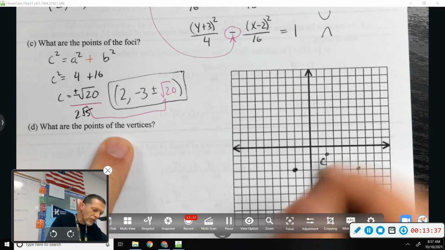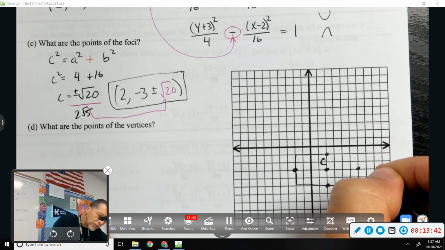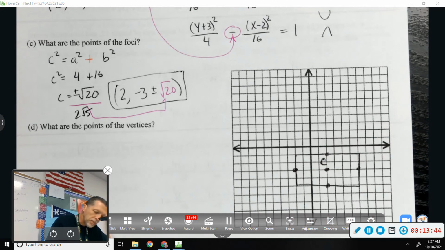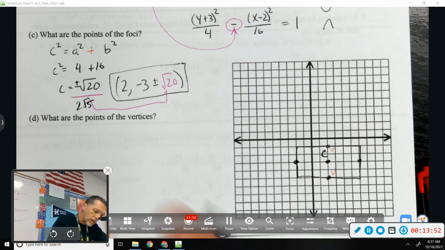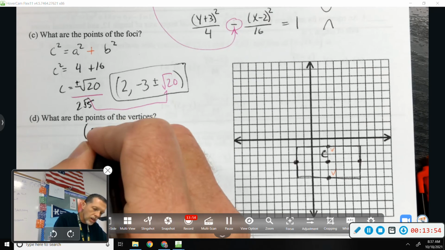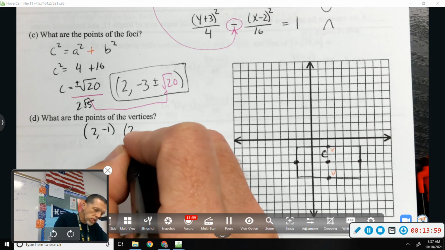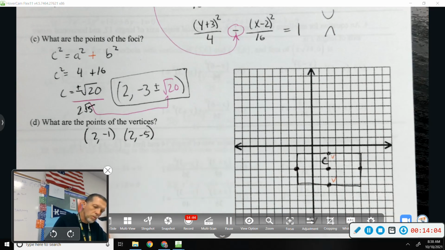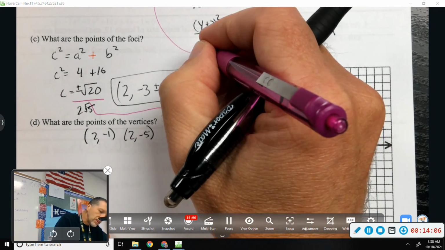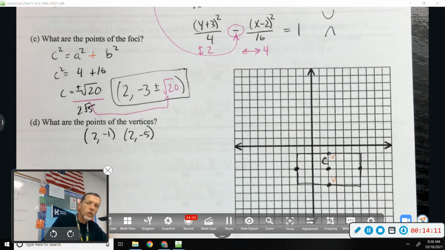It's asking me for the vertices before I graph, but I think the graph is helpful to find the vertices. It's up and down, so my vertices are the up and down points. So where'd you get the 4 left and right? Because of the 16 and 4. So this y one is up and down 2, left and right 4.